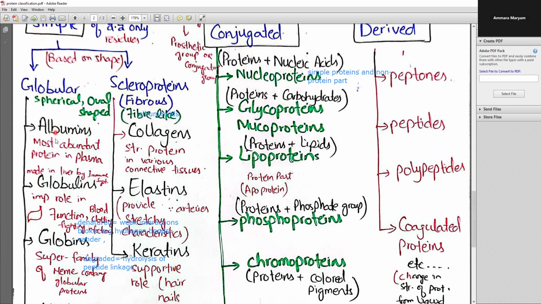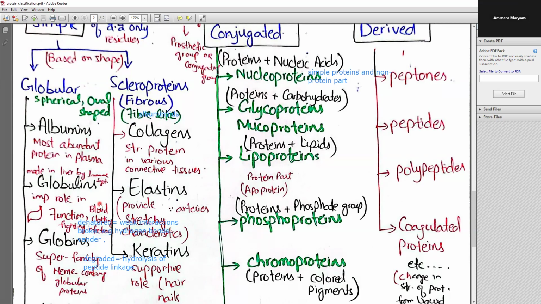Albumin is the most abundant example, the most abundant protein present in the plasma. It is spherical or oval shaped and categorized under globular proteins. Similarly, we have the globulins that have an important role in liver function and blood clotting, and they also have a role in fighting infections.